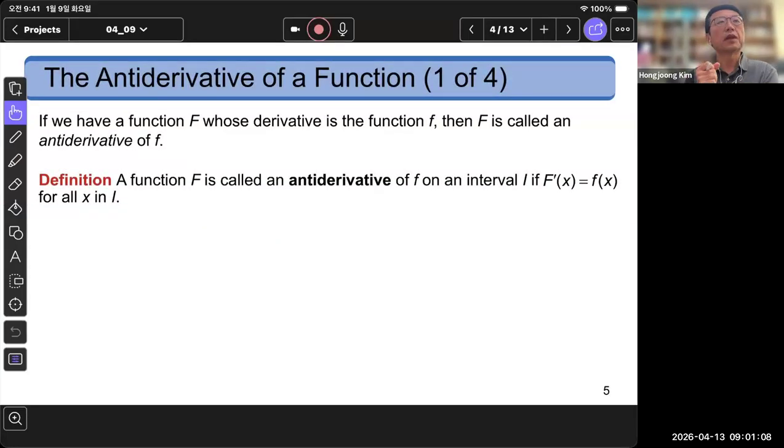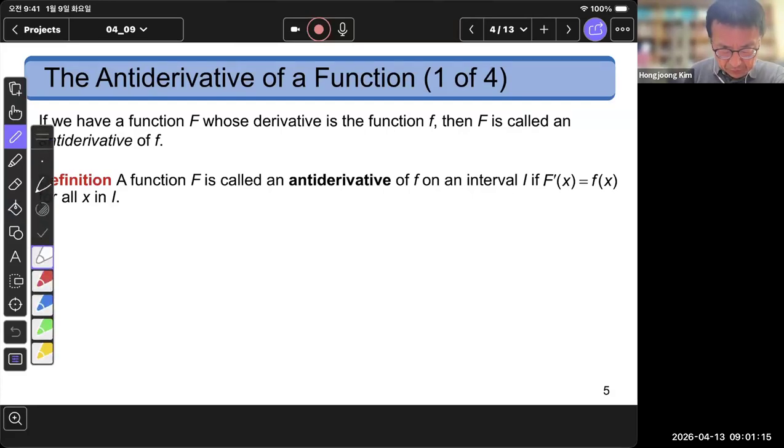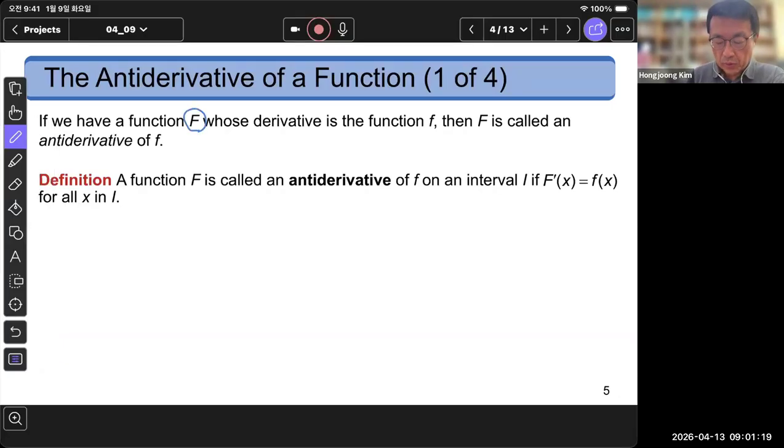So if we have a function, say the uppercase f, and if we have a lowercase f, and if these two are related by this.